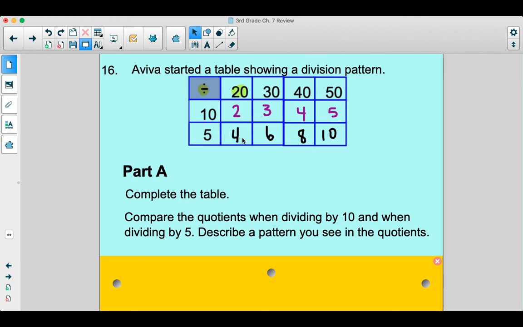When we had 20 divided by 10, it was 2. When we had 20 divided by 5, it was 4. I like to put a little situation with this. If we had 20 people and they were sharing 10 pieces of candy, each person would get 2 pieces, right?